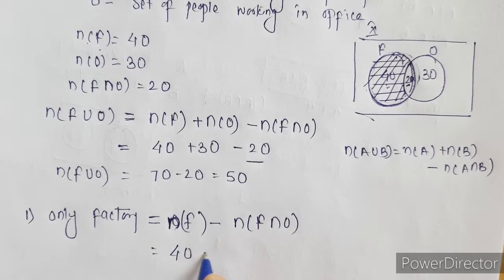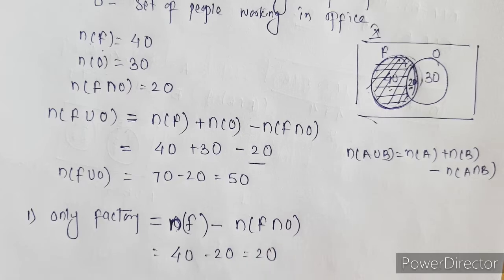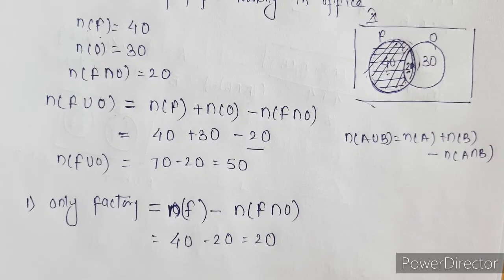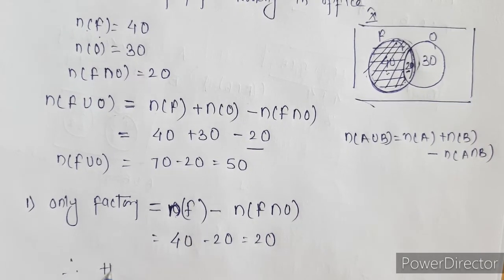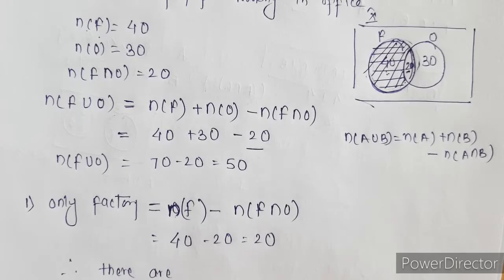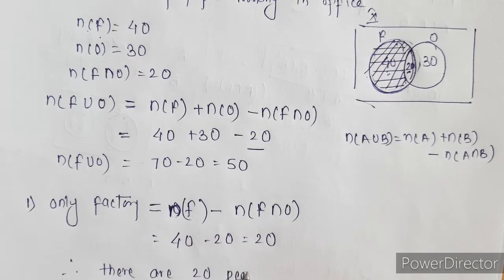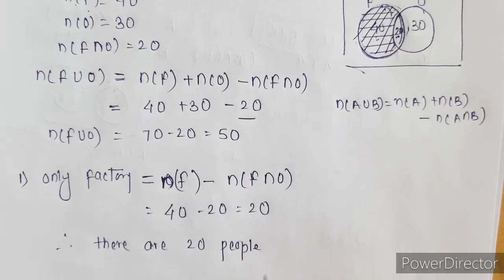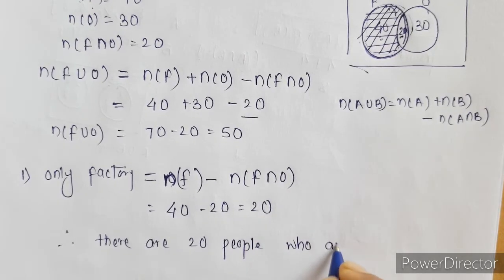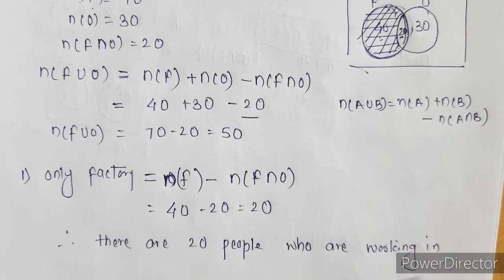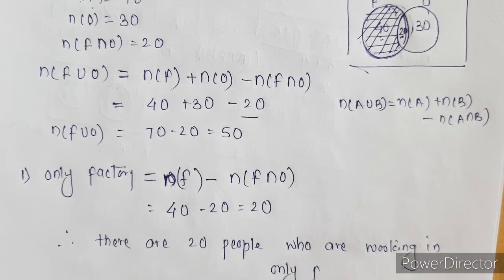From 40 I am subtracting 20, so there are 20 people who are working in only factory.